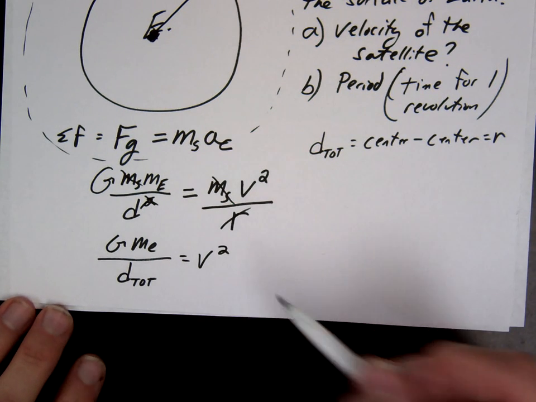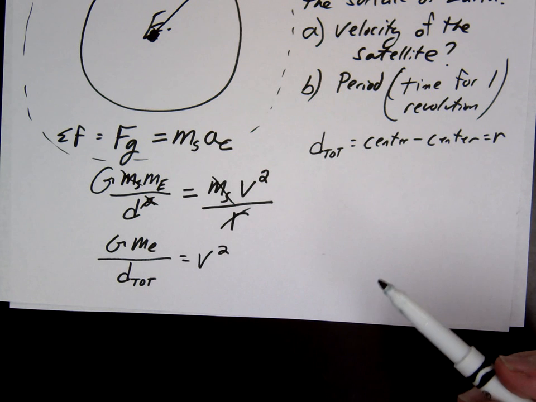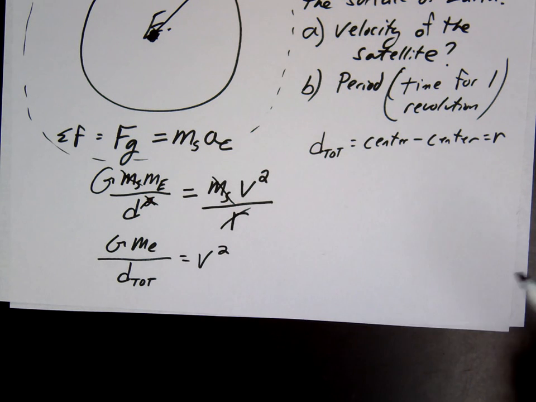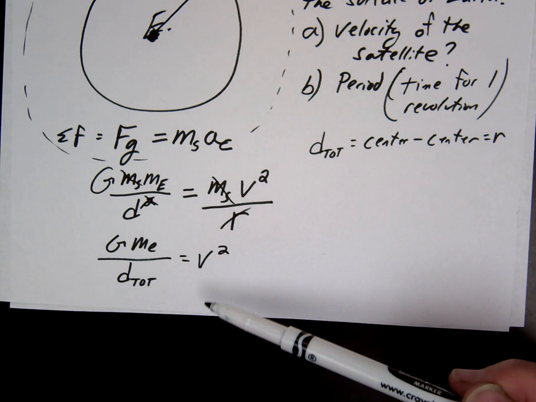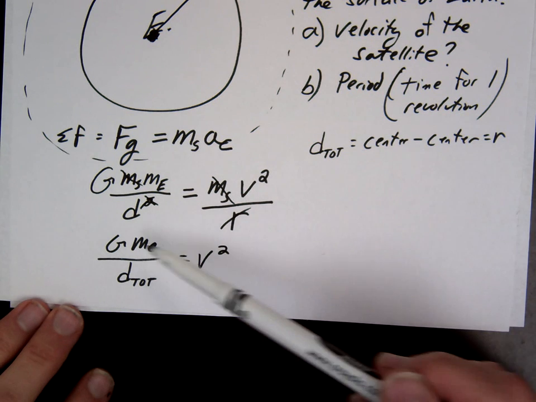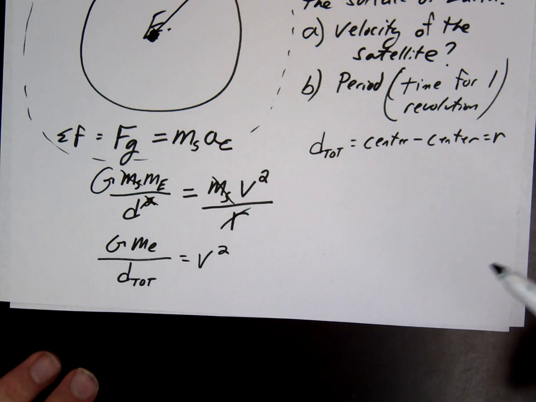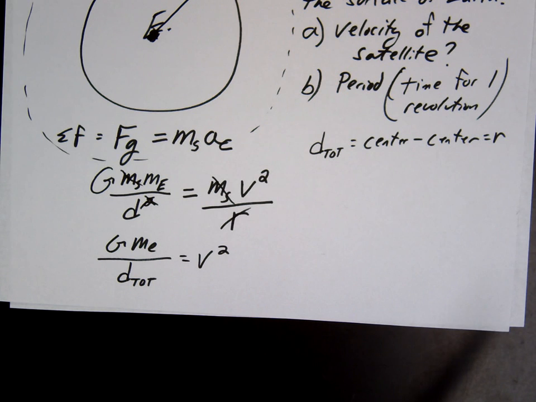So at this point we can go ahead and start solving with our numbers. This is the derivation of the velocity, how we would figure it out. We are given the mass of the Earth. You guys wrote it down somewhere, right? And the radius of the Earth.